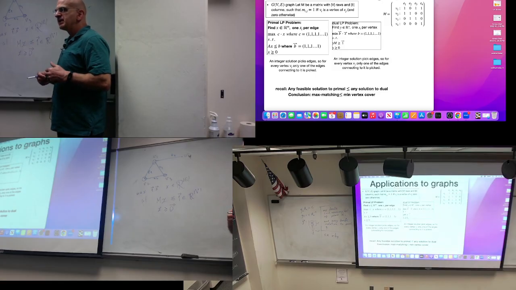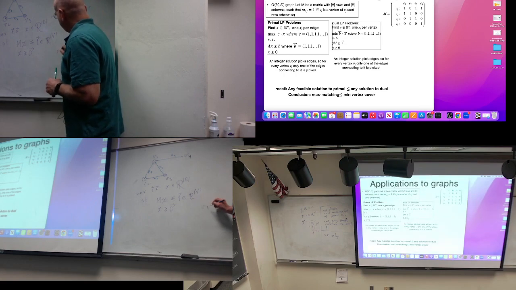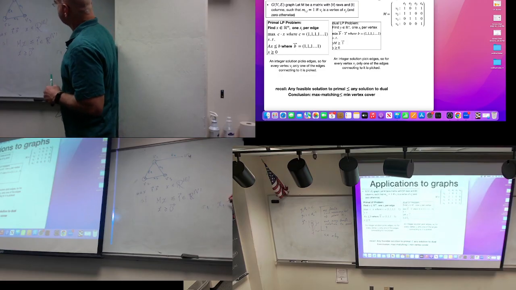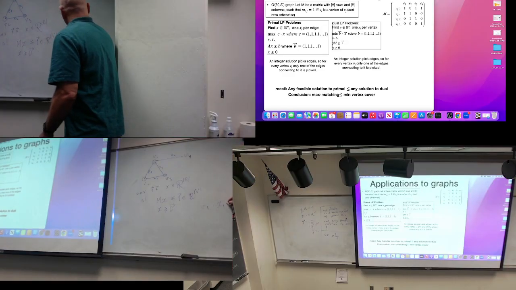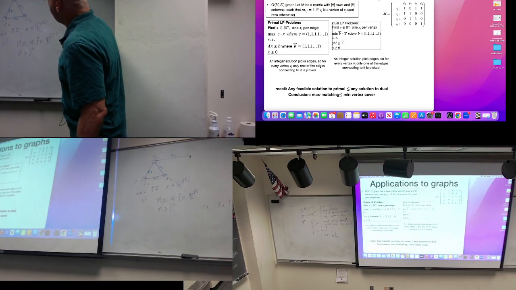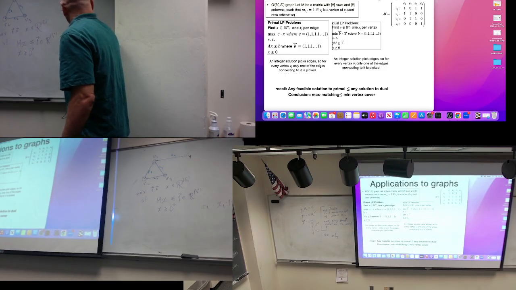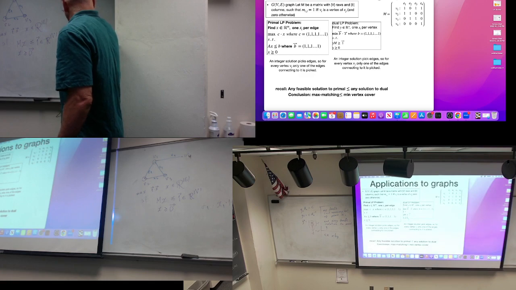And what is a graph problem that x will solve? I'm looking at V1, and I'll say for V1, x1 times the element of V1, which is 1, x1 times 1, plus 0 times x2 plus x3 plus x4, and this number should be smaller or equal than 1.